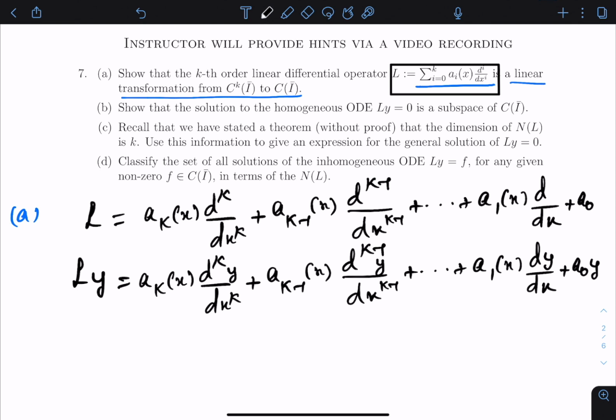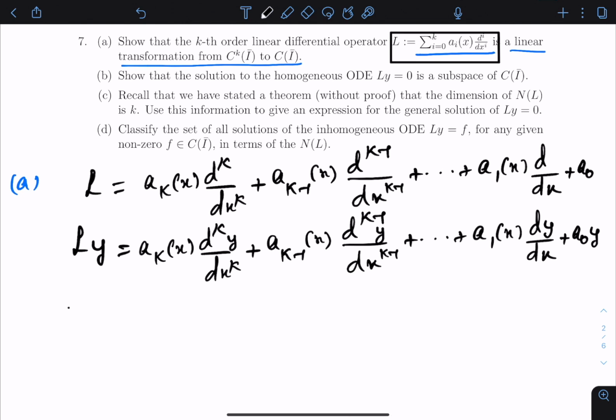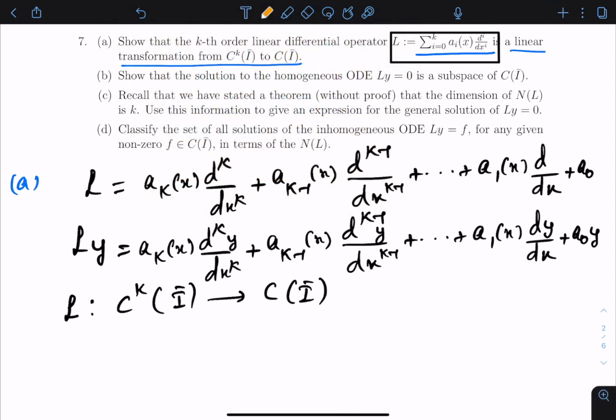Okay, so what is the question? Part A is asking, you can think of this differential operator L as actually a map from C^k of I bar to C of I bar, right? If you remember, what is C^k of I bar?